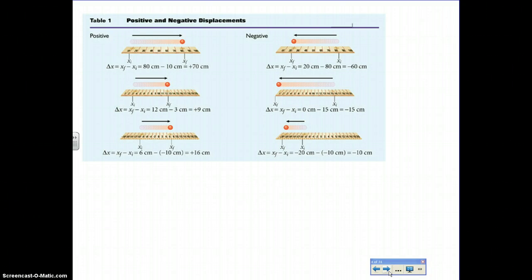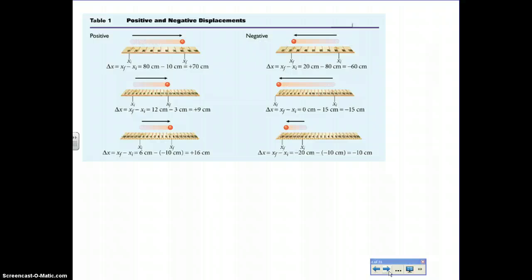So here we can see Table 1 in your book has positive and negative displacements. You can take a look at these and see, for instance, a positive displacement is one where the object ends up to the right of whatever its initial position was or the reference point.